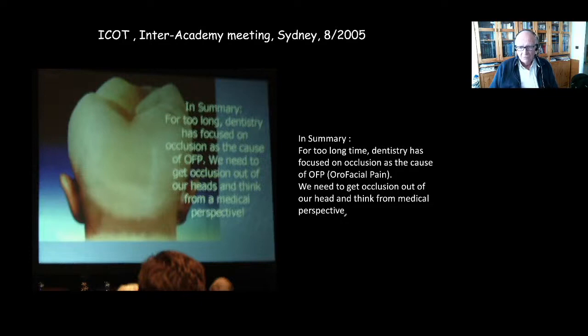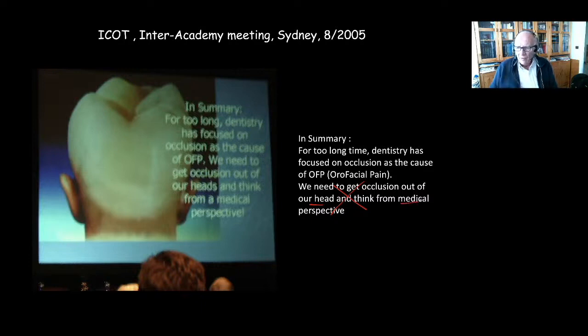Do you think that I agree with this conclusion? It depends which sentence. When he said we need to get occlusion out of our head, I disagree. Occlusion is in the center of dentistry, and I am a dentist.